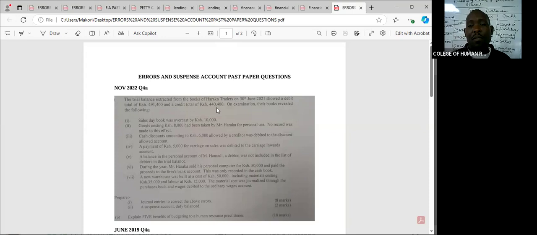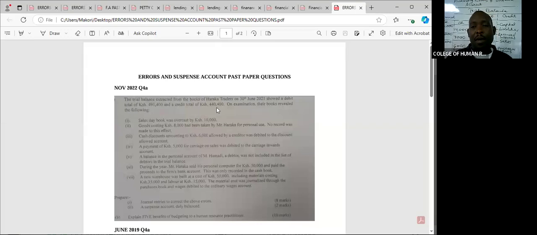Because the difference in the trial balance totals goes to the suspense account as a balance brought down. So 491,400 minus 440,400, you will get 51,000.